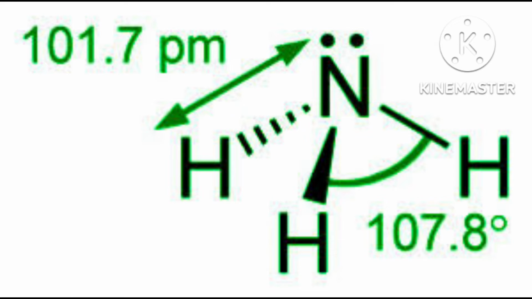Now come to the AB3E type. Second example is ammonia, NH3. Here the number of bonding pair is 3 because 3 bonds are there, NH, NH, NH. And the number of lone pair is only 1.